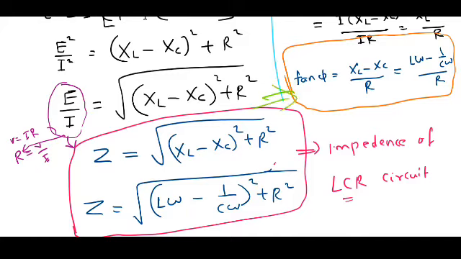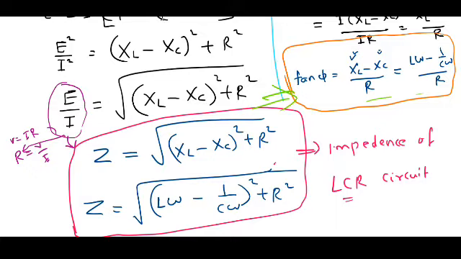Tan phi is equal to XL minus XC by R, or L omega minus 1 by C omega, by R. We will analyze the different cases: where XL, the inductive reactance, is greater than the capacitive reactance, when the capacitive reactance is equal to the inductive reactance, or when the capacitive reactance is greater than the inductive reactance. We will see the effect on the phase angle.